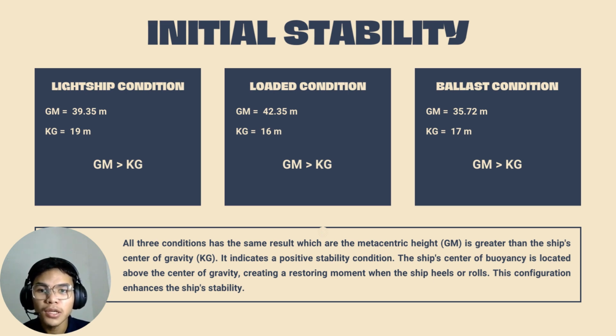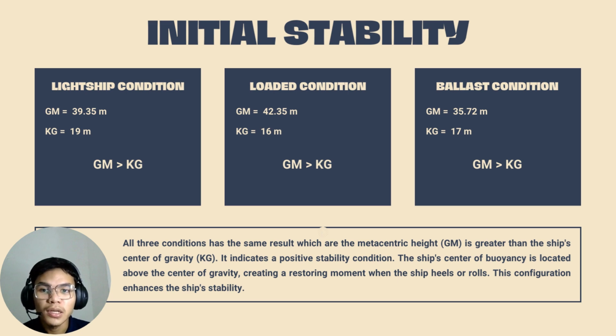Besides, when GM and KG are equal, the ship is in a neutral stability condition. The center of buoyancy coincides with the center of gravity, resulting in no restoring moment. Any inclination or disturbance will neither increase nor decrease the stability of the ship.